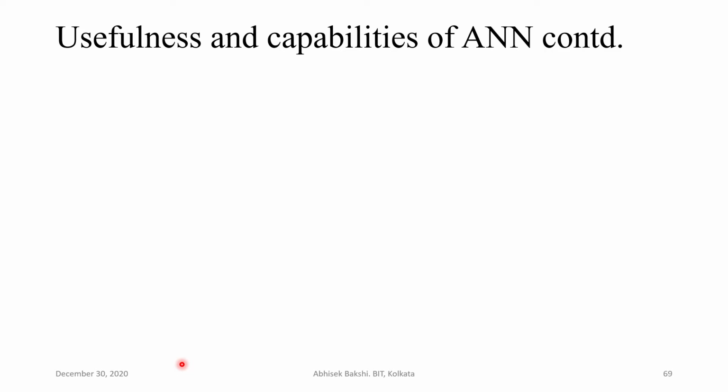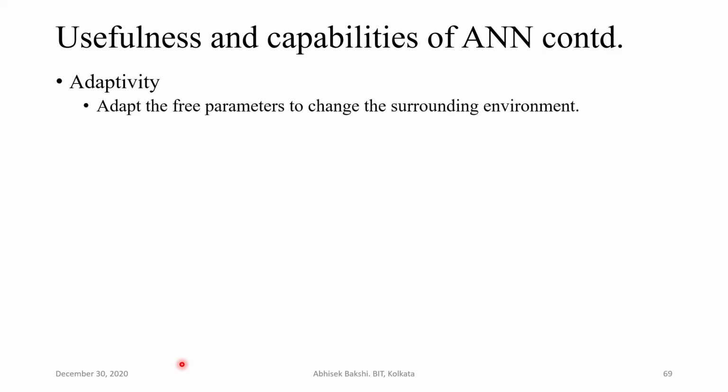The third point is adaptivity. We are discussing adapting the free parameters to a changing surrounding environment. What does it mean? If the environment changes, then the free parameters are likely to change. For example, suppose you are in the month of March or April, which is very hot.